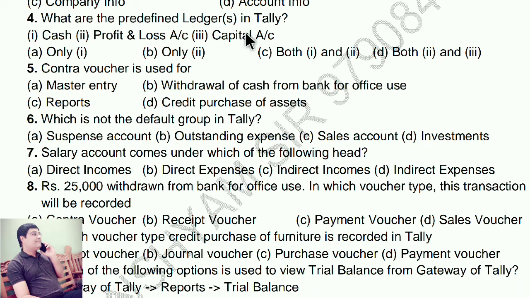Fifth question. Contra voucher is used for what? Answer is B, withdrawal of cash from bank for office use.